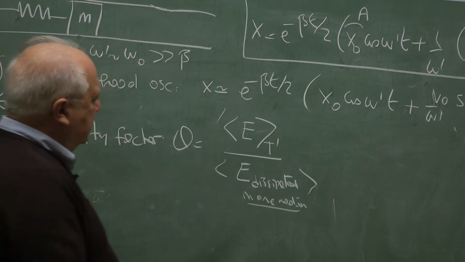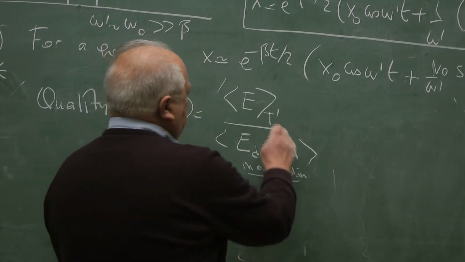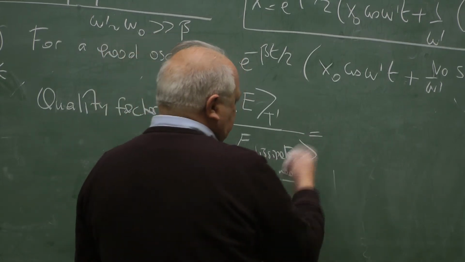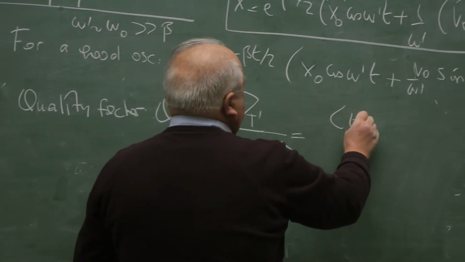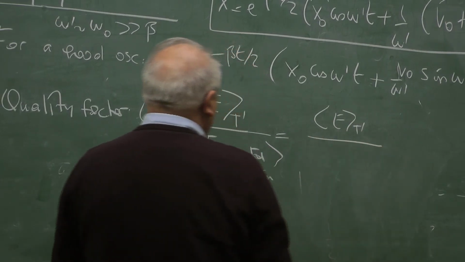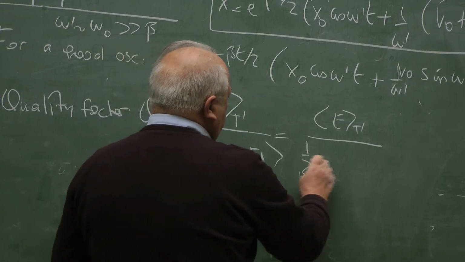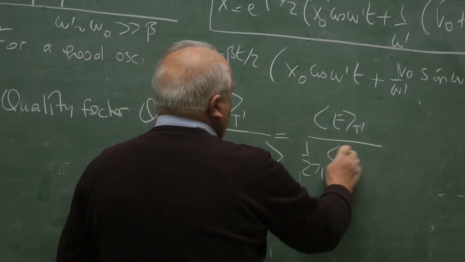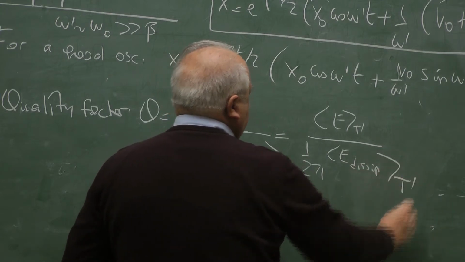So that's the historical reason why they didn't put cycle here, perhaps because of convenience that we shall see now. So this is E, namely the average of energy. And this is 1 over 2 pi times energy dissipated in 1 cycle.